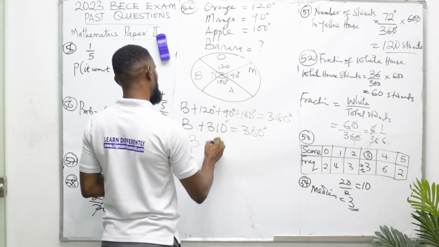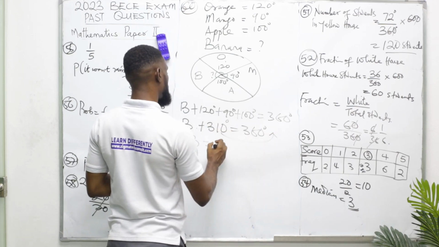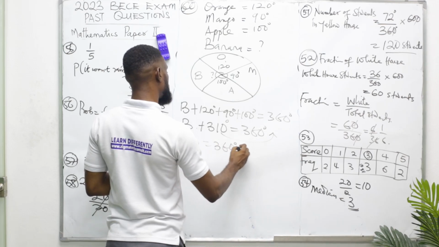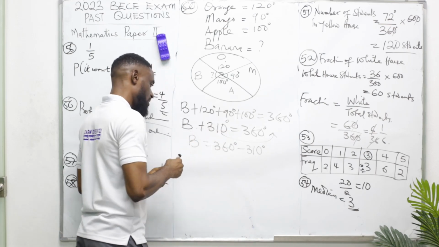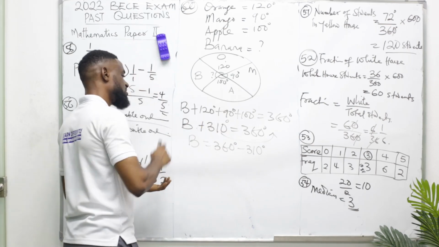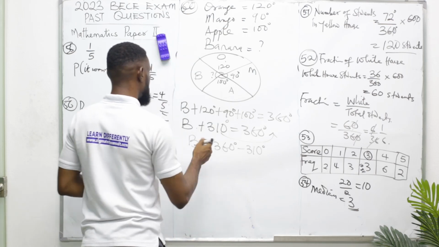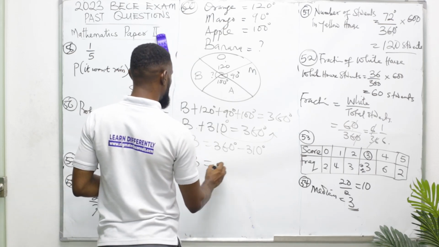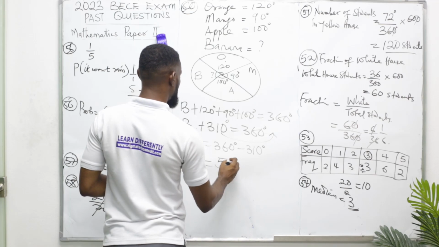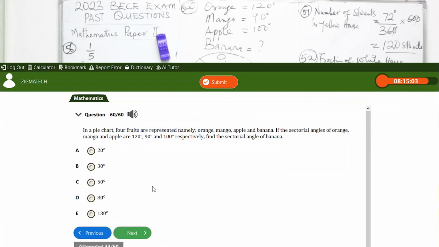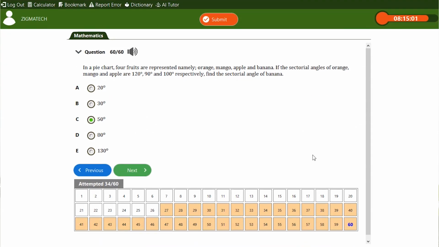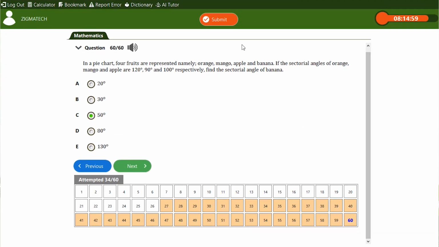So B will be equal to 360 degrees minus 310 degrees, which means B will be equal to 50 degrees. So our 50 degrees there is option C, and that is the end of this particular session.